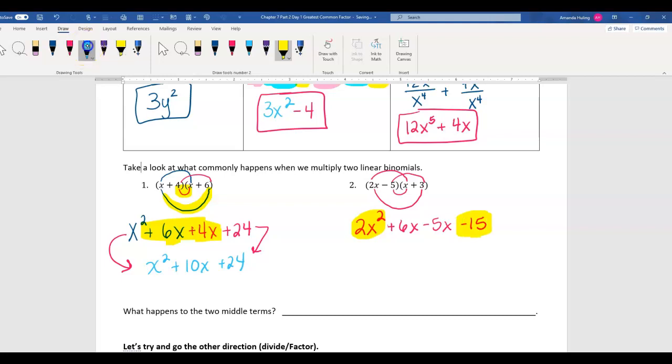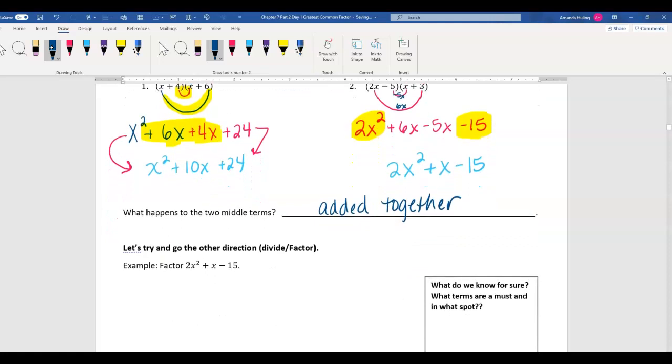Those are not going to be added together. What's going to be added together is what's in the middle there. And that comes from, and will always come from, this little negative 5x in here and 6x here. That little nose and that mouth. Because those two middle terms get added together, correct? Anytime we have a linear binomial times a linear binomial, those two terms are going to be added together.